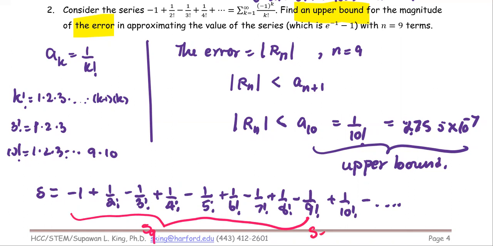So S minus S9 equals 1 over 10 factorial minus 1 over 11 factorial plus 1 over 12 factorial minus, and so forth. And the absolute value of this, which is the absolute value of R9, will be the absolute value of the remaining terms, which is less than or equal to the absolute value of 1 over 10 factorial, as we interpret this.